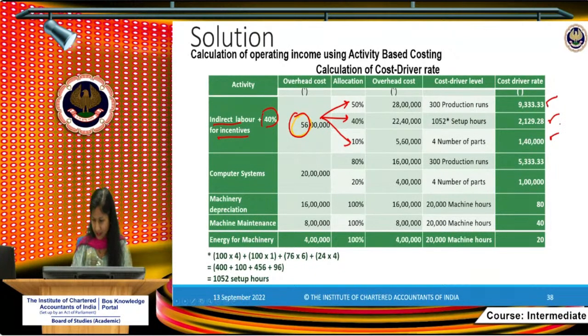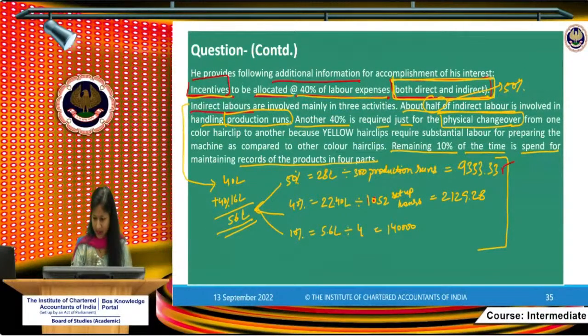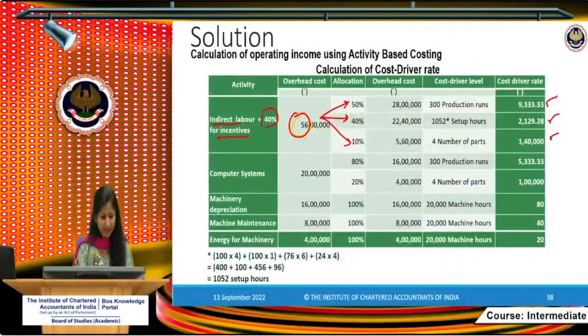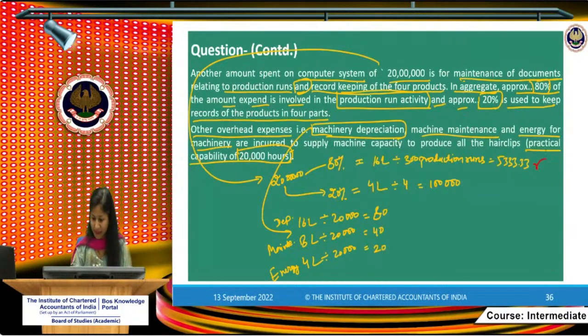Let's check. This is checked. Next, computer system was 20 lakh. Division was 80%, 20%. Cost driver rates are 5,333 and 1 lakh. Let's check. Have we calculated it correctly? 5,333 and 1 lakh. Yeah, correct.